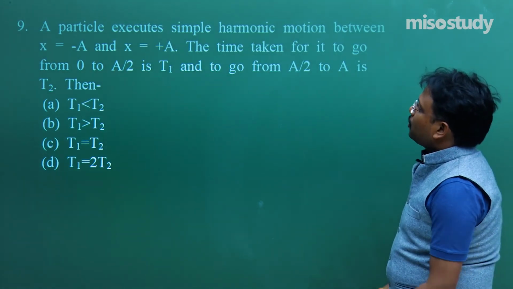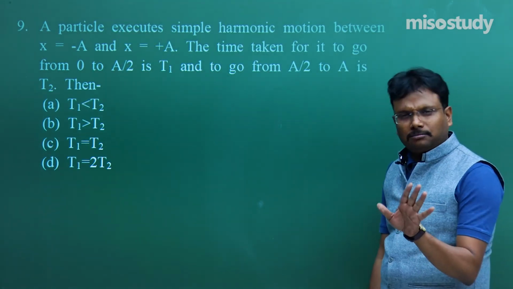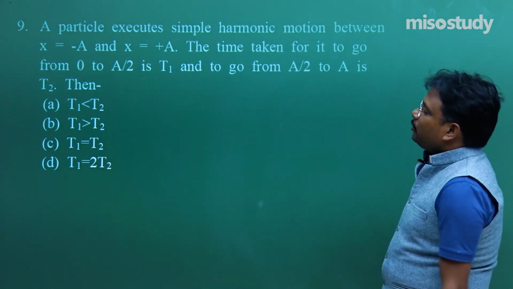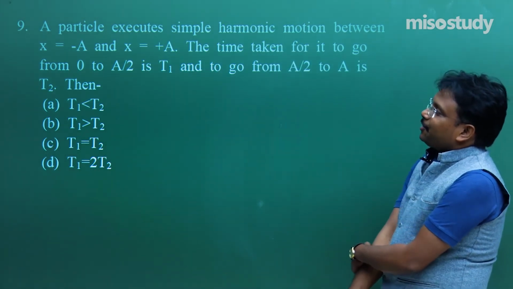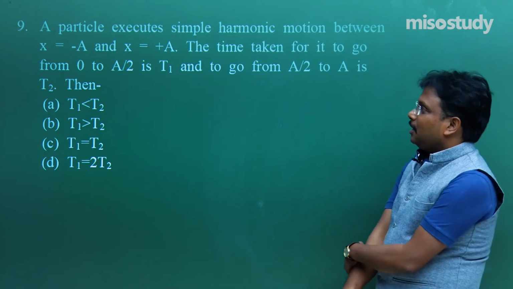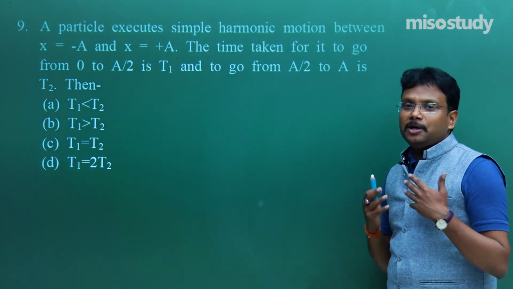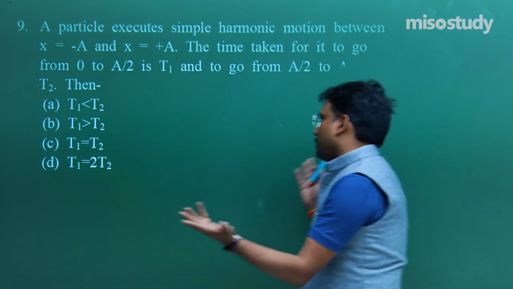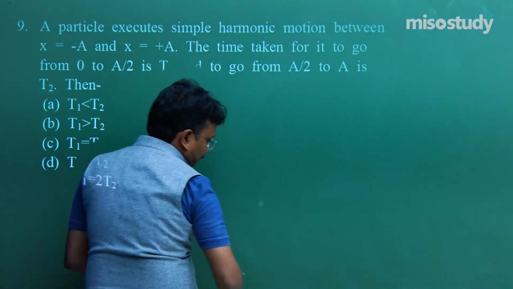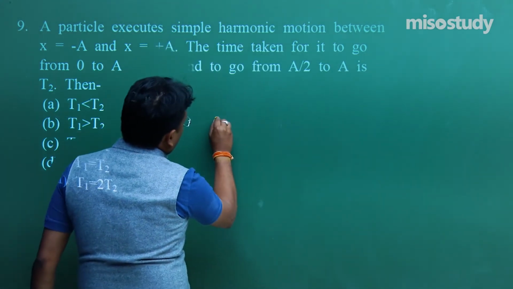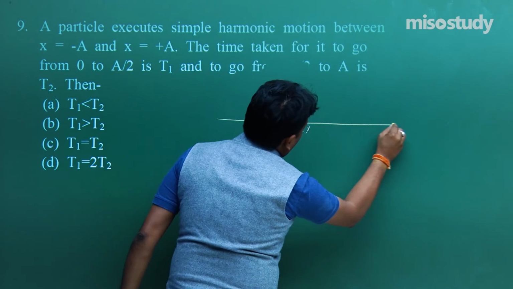A particle executes SHM, simple harmonic motion, between x is equal to minus a and x is equal to plus a. There is an opportunity for me to draw a beautiful painting, so I am unable to control myself. That's why I am going to draw this beautiful painting.